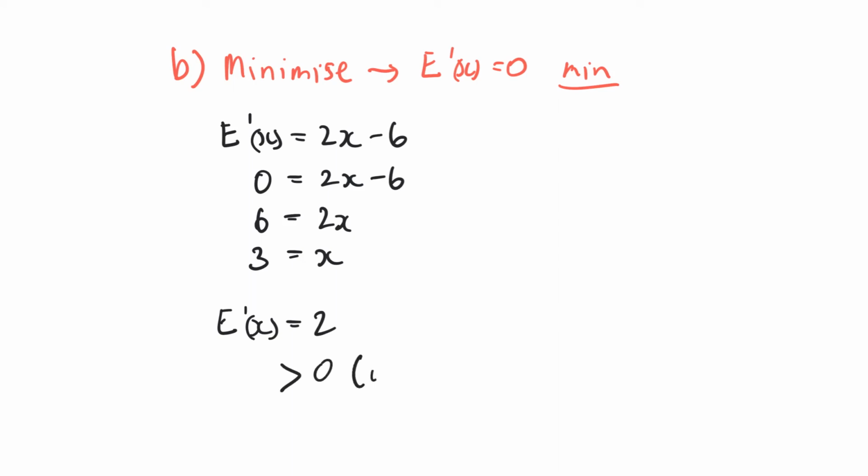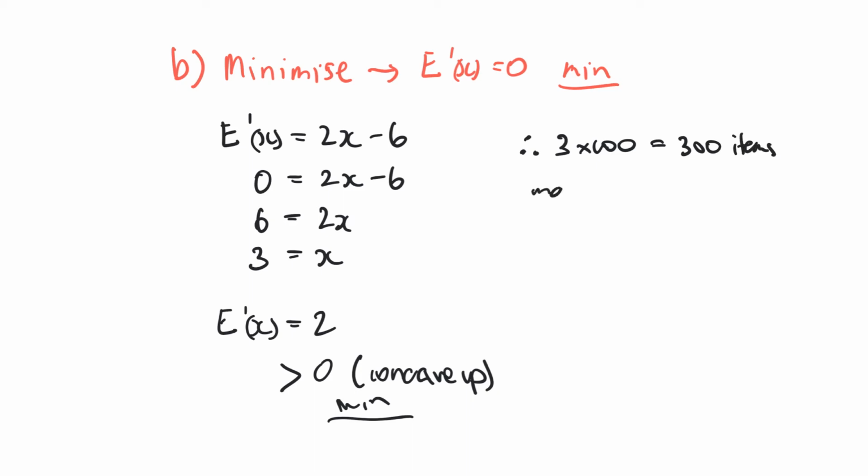So that means it's concave up. All right, so it means we definitely have ourselves a minimum at this point. Always good to check. So to finish off our answer, therefore, 3 lots of 100, we have 300 items manufactured to produce a minimum expense for this business.